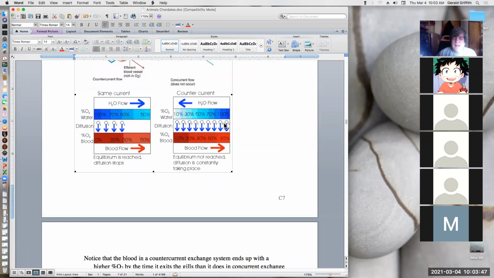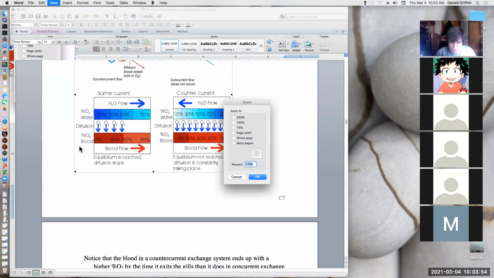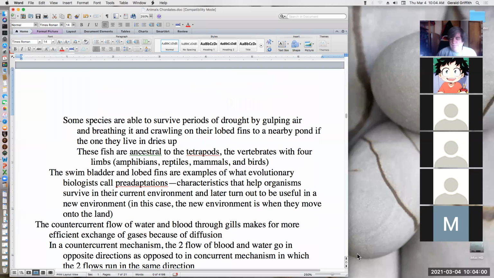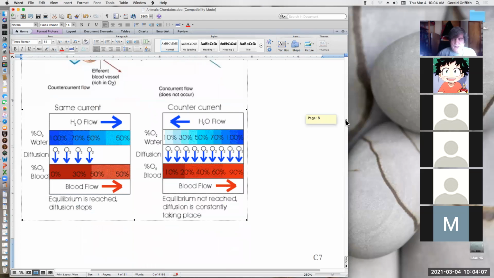So let's look at the exchange of gases. And I want to magnify this a little bit because our numbers are not very legible. So let's look at the difference between a concurrent exchange and a countercurrent exchange.